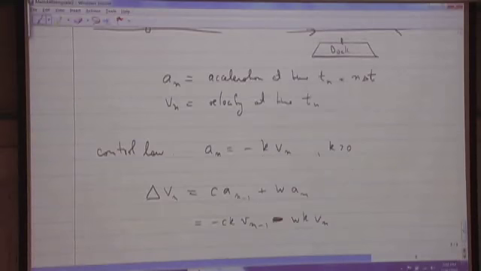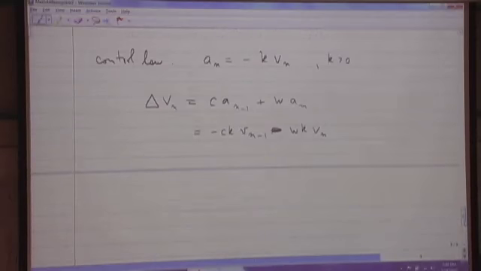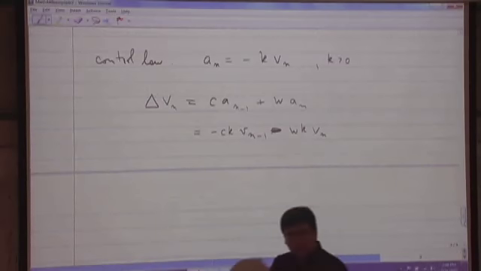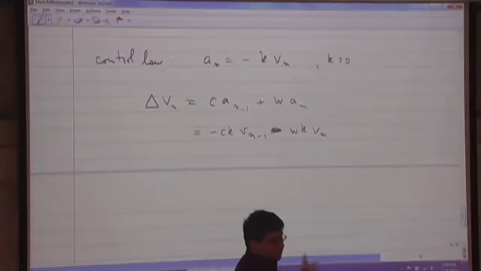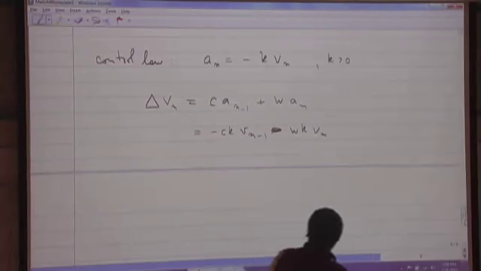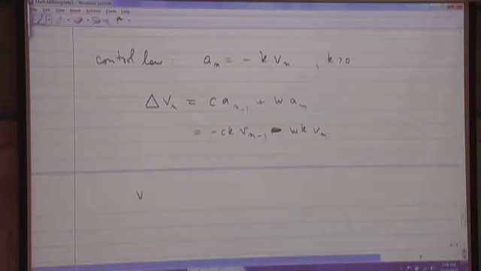Okay, and this doesn't quite look like a dynamical system the way we want it, right? So remember, what do we want? We want the rate of change in the state of the system to be a function of the current state. Okay? So the way it looks right now, it says v_{n+1} minus v_n is minus ck v_{n-1} minus wk v_n, right?